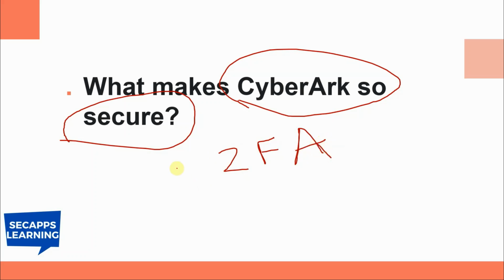I'm asking in comparison to other PAM tools. Two-factor authentication. CyberArk has the Vault, and the Vault is the main component, and it contains security layers, encryption layer, firewall, role-based access control, session recordings. So that makes it more secure and stronger than other PAM tools. Delinea also has the same; Delinea also has their vault.